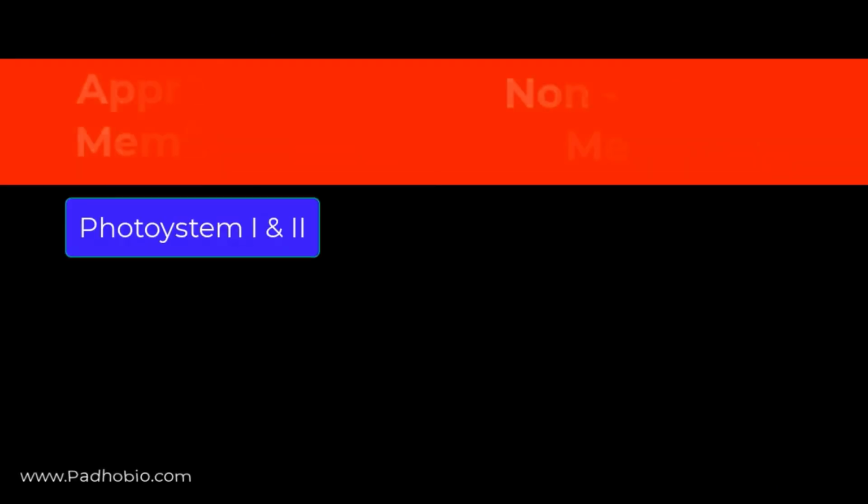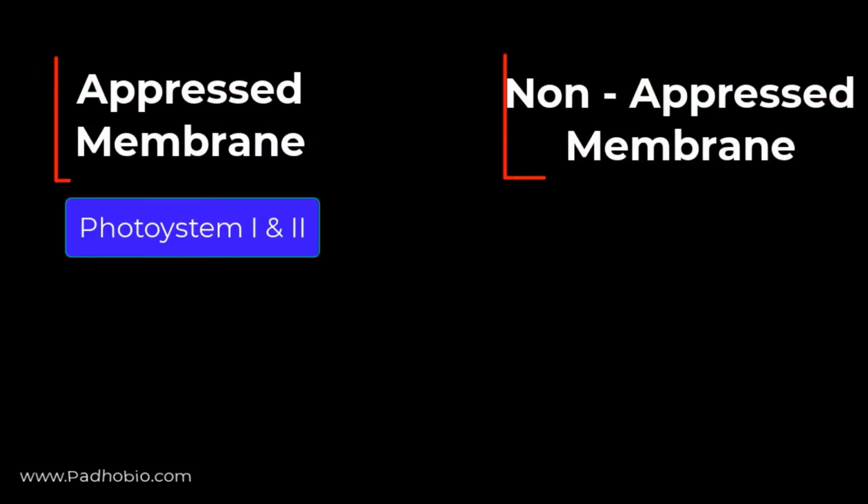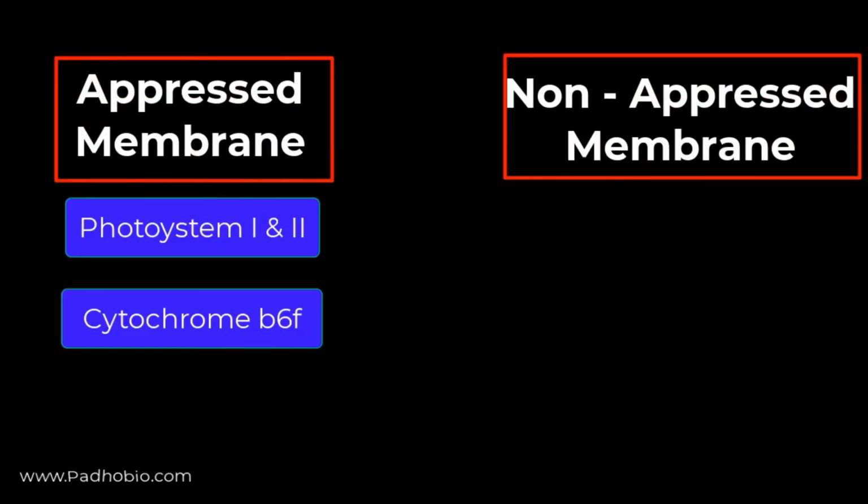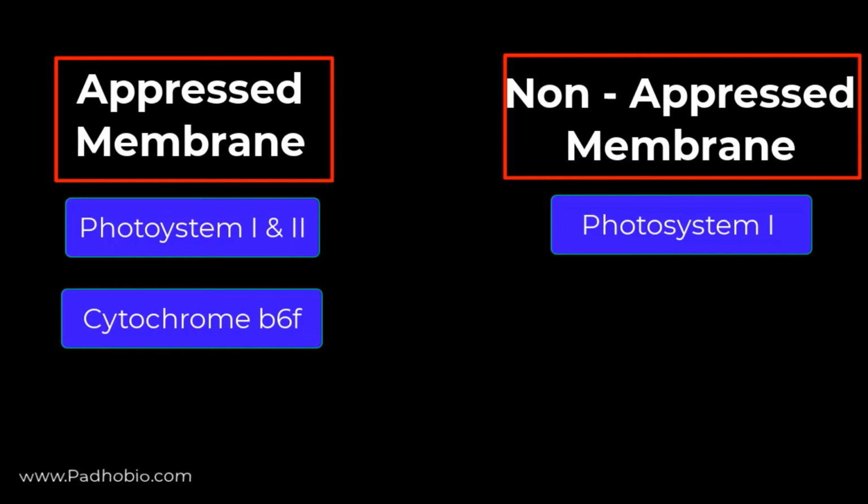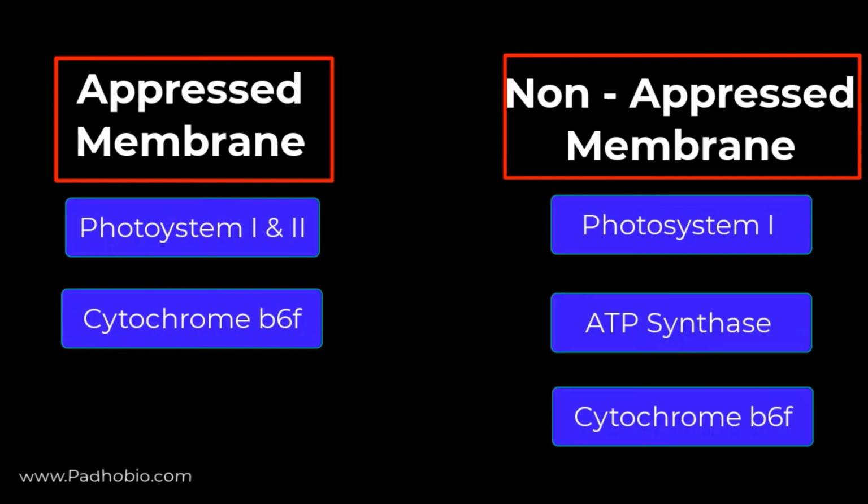An appressed membrane has photosystem first and photosystem second both, and cytochrome B6F complex, while non-appressed membrane has only photosystem first, ATP synthase and cytochrome B6F complex. Now we have discussed all the important components which are essential to be highlighted because they play an important role in photosynthesis and are asked from an exam point of view.